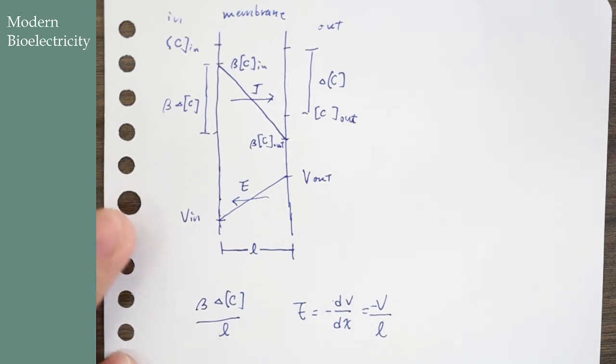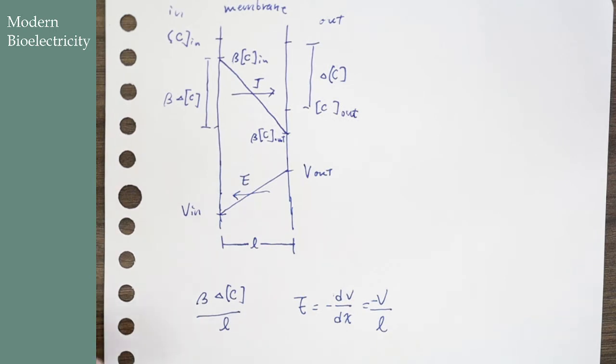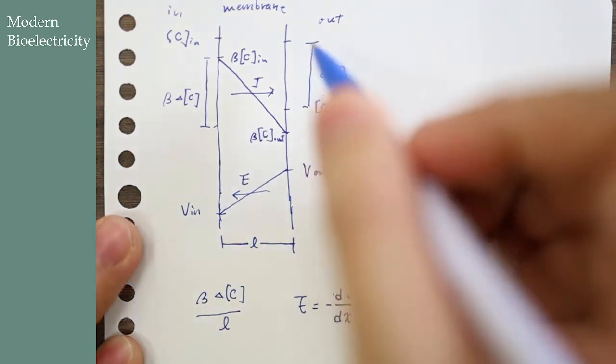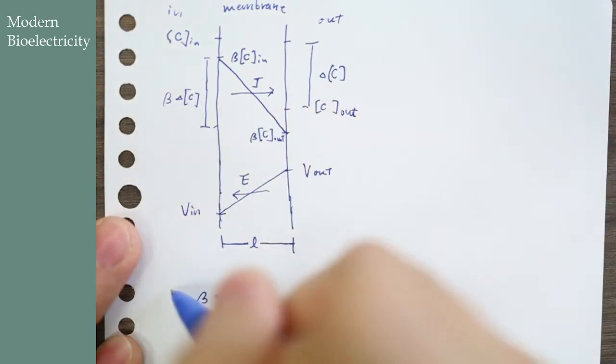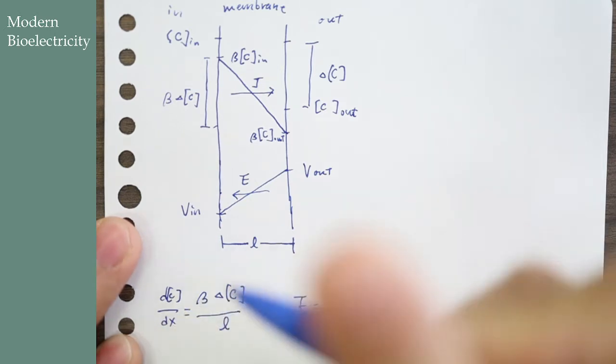Okay, then we can start to discuss the Goldman-Hodgkin-Katz equation. So we have this dc dx is equal to this.